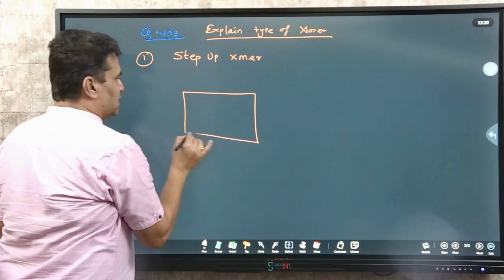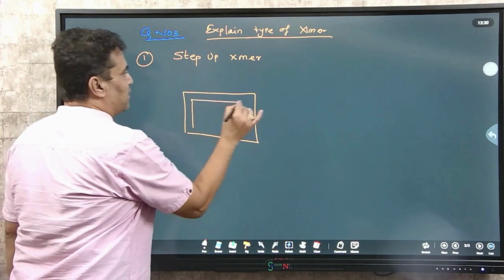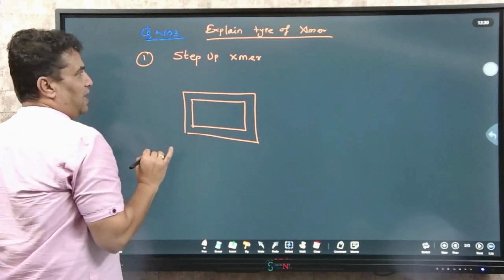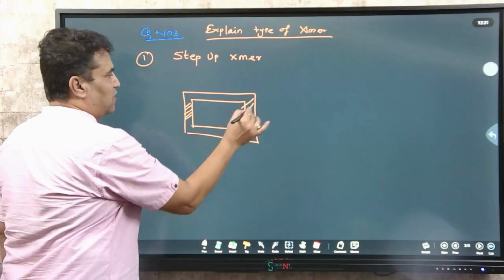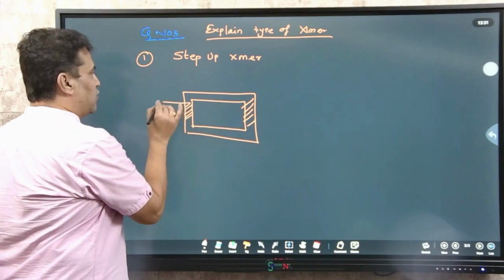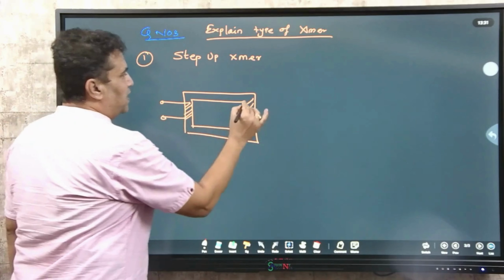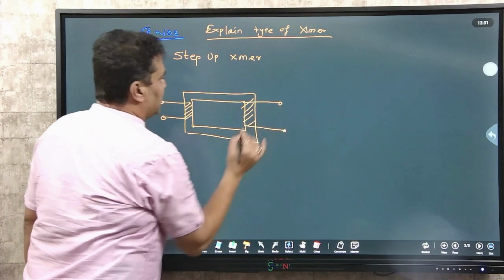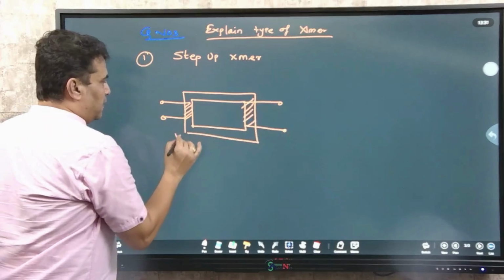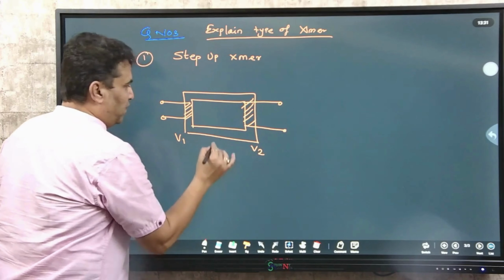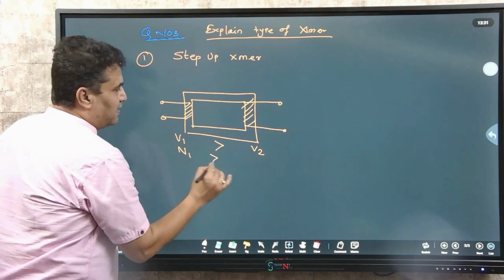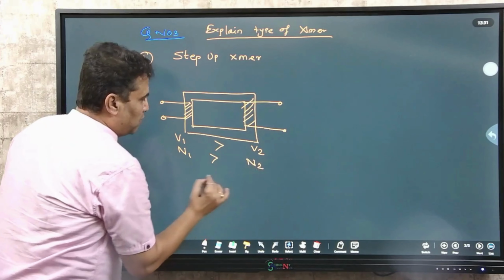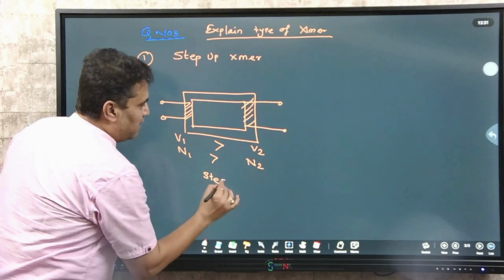Suppose I use conditions such that my secondary voltage should be larger. So if I put a smaller number of turns on the primary and a larger number of turns on the secondary, then automatically your primary voltage V1 is less than V2. So when V1 is less than V2, meaning N1 is less than N2, such a transformer is called step-up.